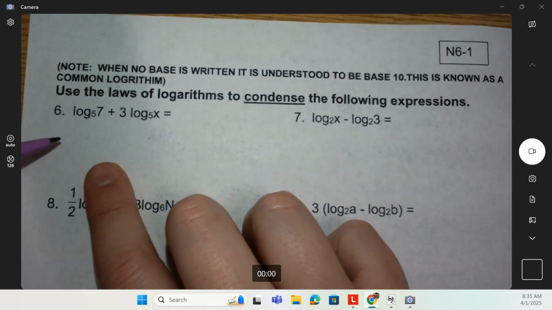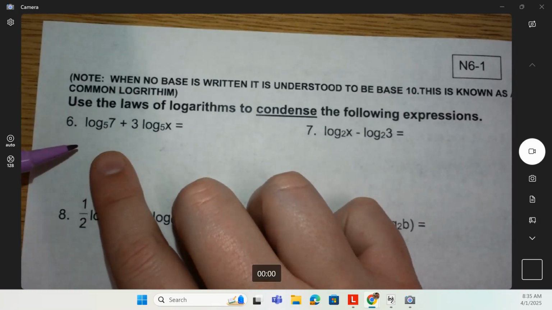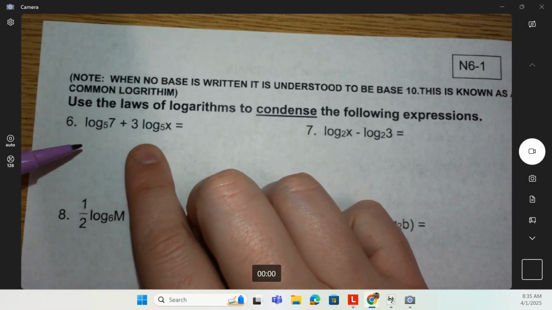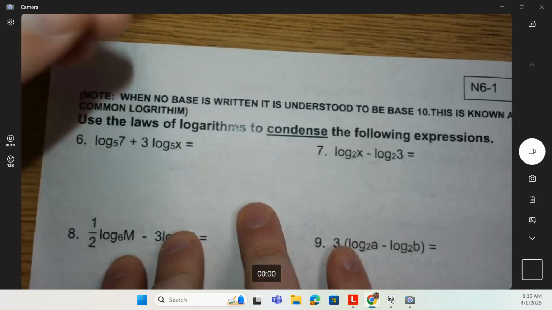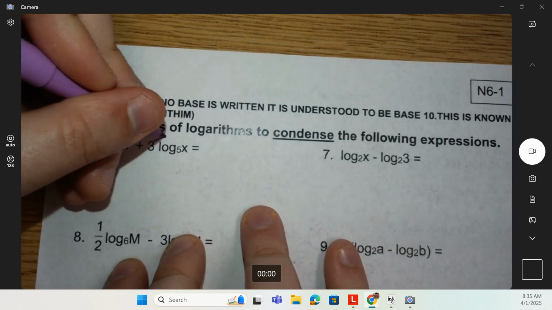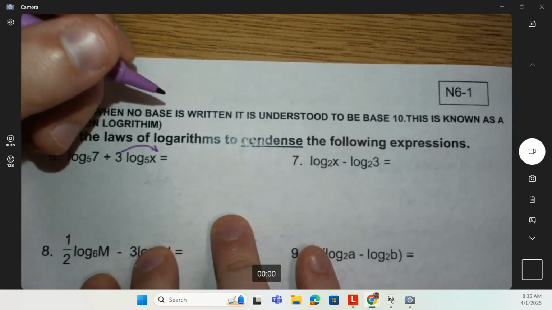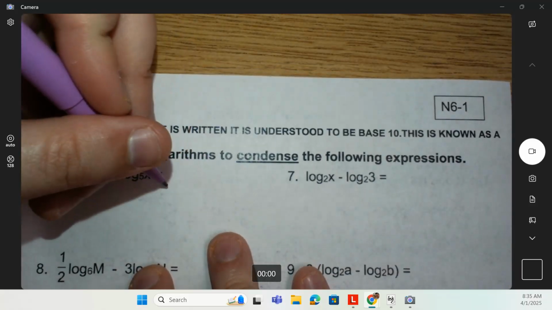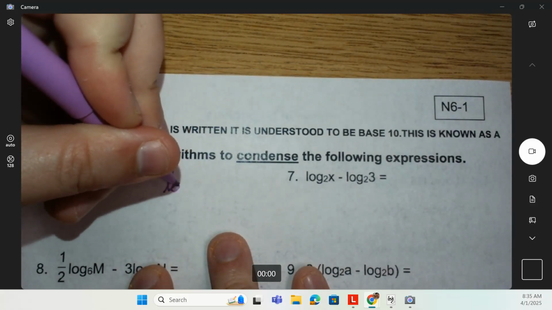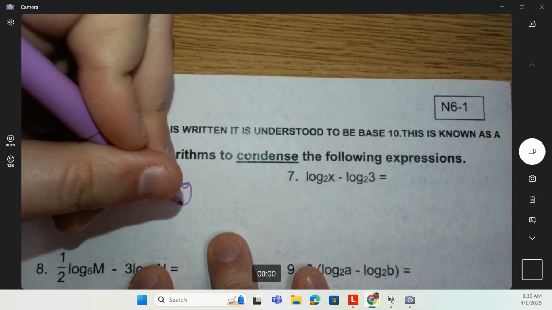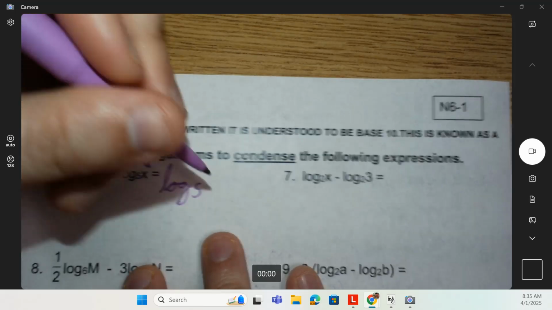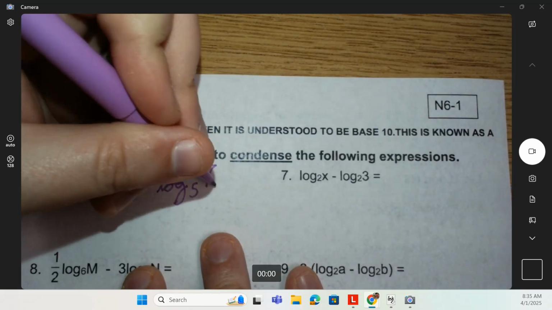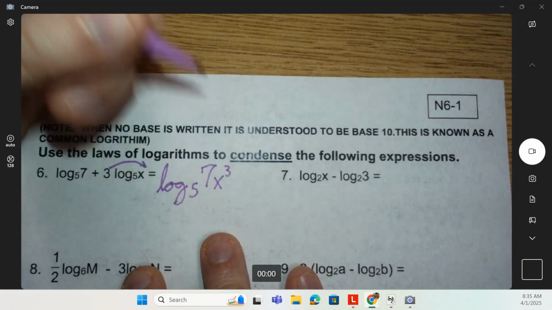Okay, looking at this first one, we have log 5 of 7 plus 3 times log 5 of x. Well, now we're going to kind of reverse the process and say that 3 is going to go up there as an exponent, and these are going to be multiplied together. So it'd be log 5 of 7 times x to the third power.